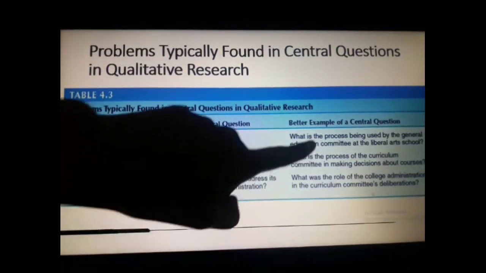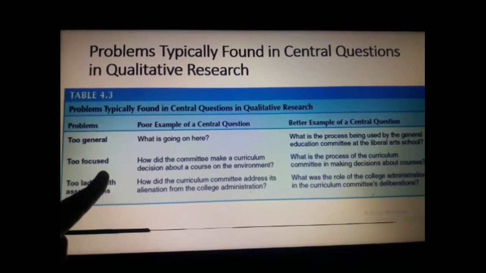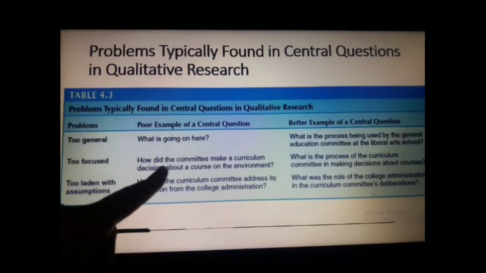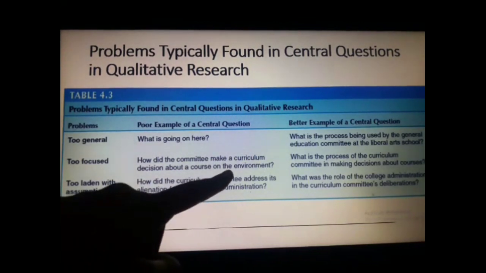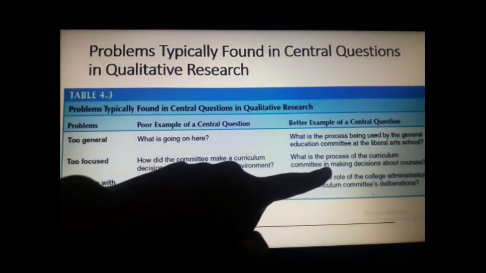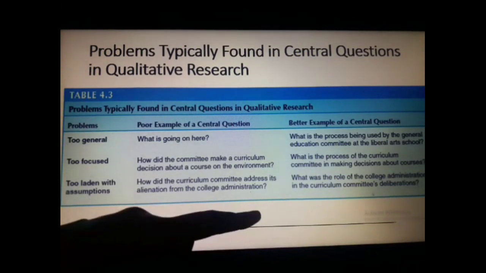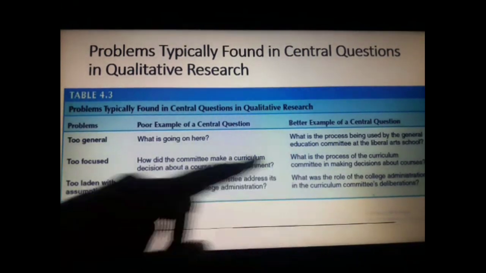We can see here. The second is too focused. For example, how did the committee make a curriculum decision about a course on the environment? A better example is what is the process of the curriculum committee in making decisions about a course. So this is different, right?